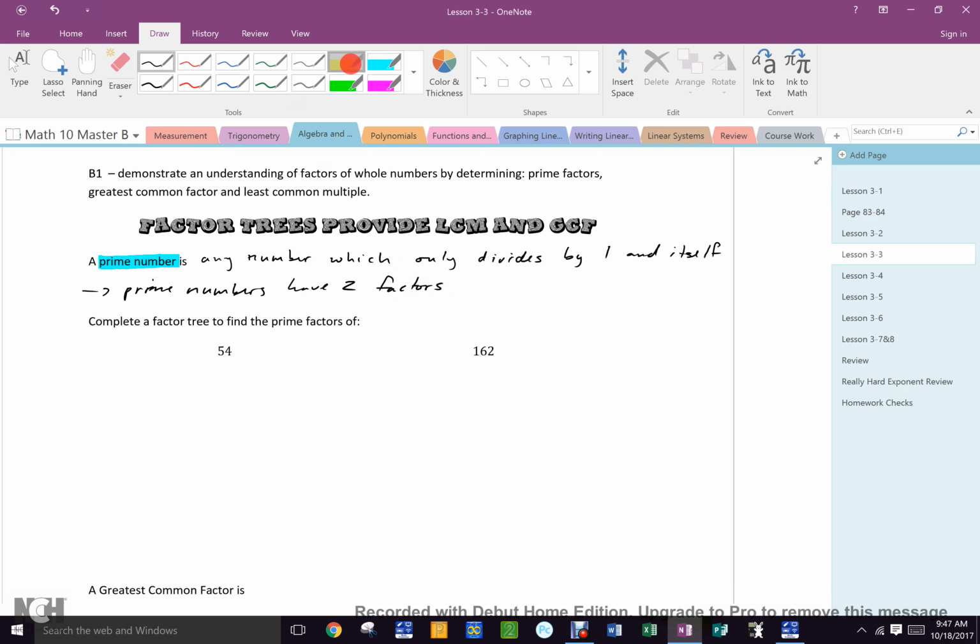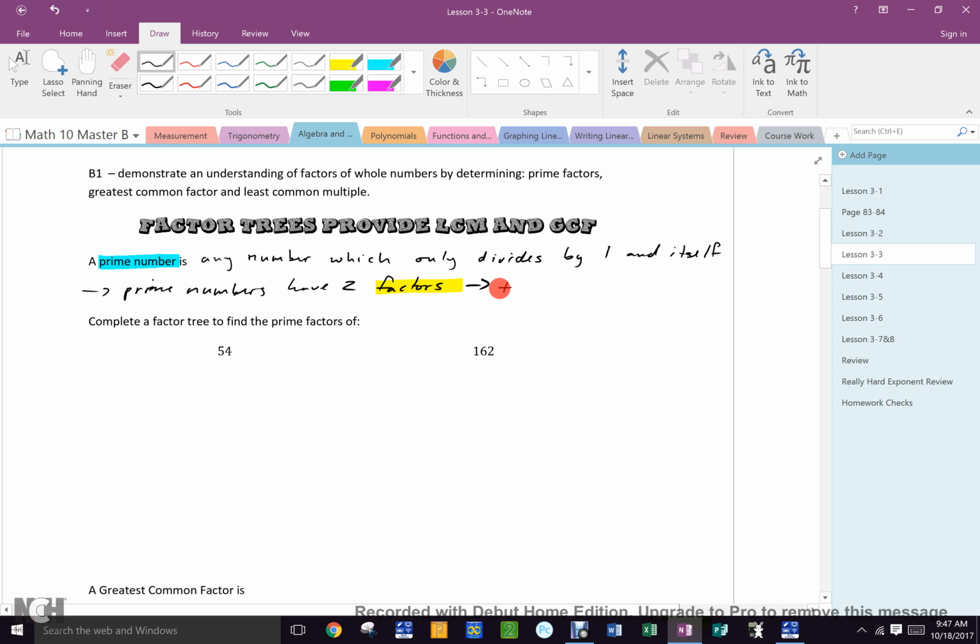What's a factor? Who remembers what a factor is? Anyone? Oh, Connor! Somebody I taught math to, thank goodness. Factor is what you multiply by. Excellent.